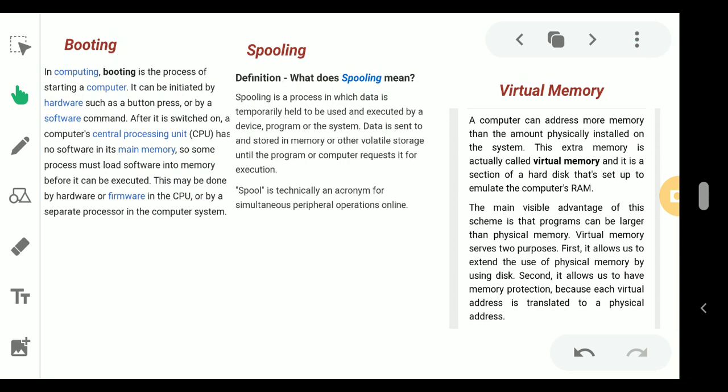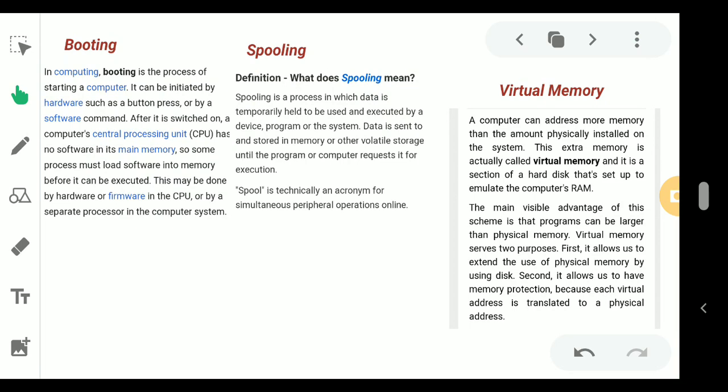Or they can directly ask what is booting, what is cold booting, what is warm booting, or to differentiate between cold booting and warm booting. This type of question comes from the topic booting.